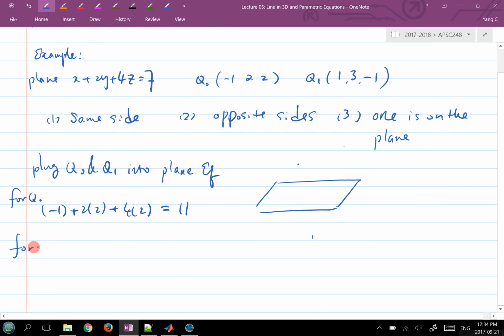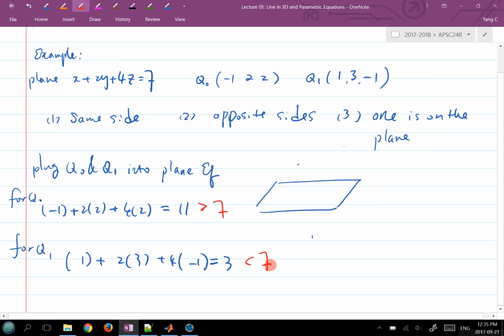If we plug in the Q1 coordinates, we end up with 1 plus 2 times 3, plus 4 times -1, and that equals 3. So for the two points, the left side is 11 for one and 3 for the other. Neither of them is the same as 7. The first one is greater than 7, and the next one is less than 7.